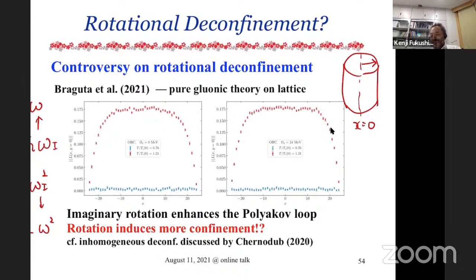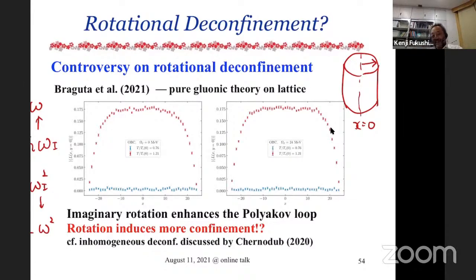The behavior is opposite, okay? And smaller Polyakov loop means more confinement, right? Zero Polyakov loop means confinement. So the smaller means the system approaches a more confining situation. So they found that if the matter is rotated, the confinement is somehow favored.